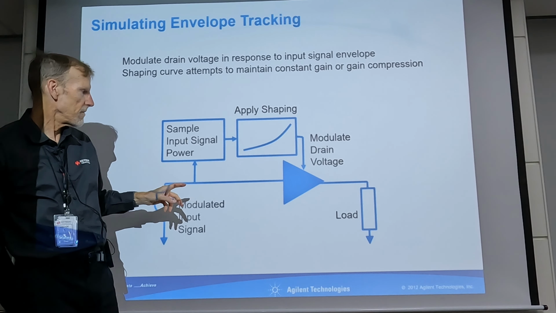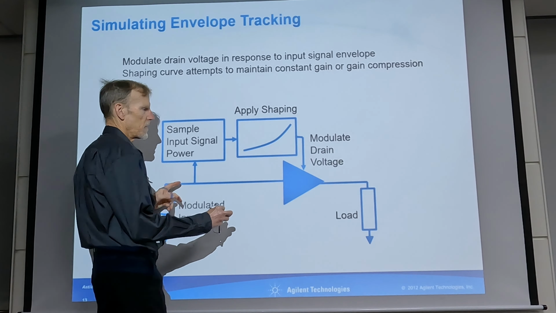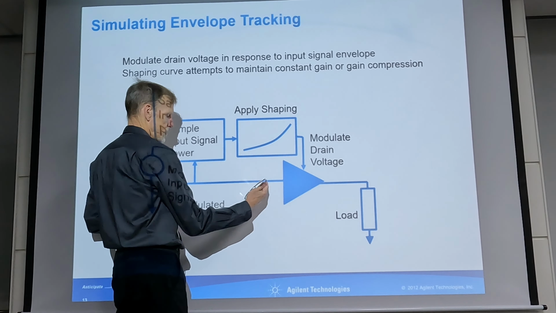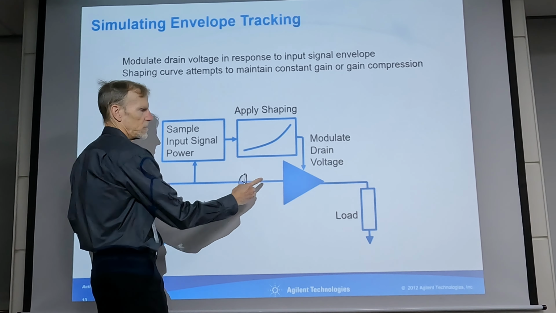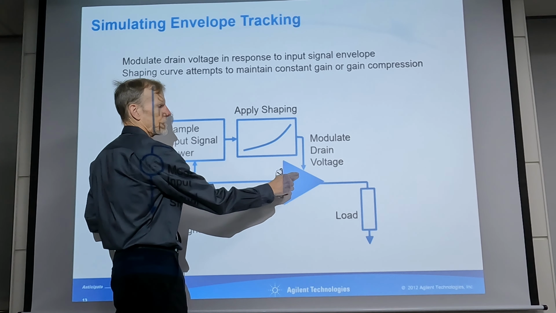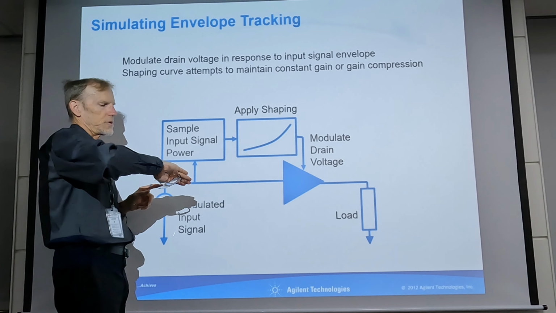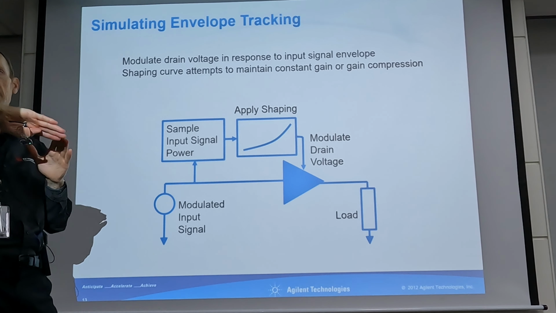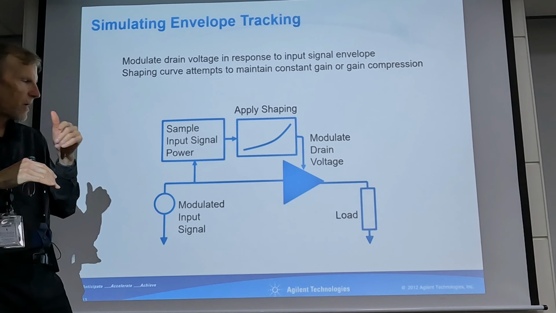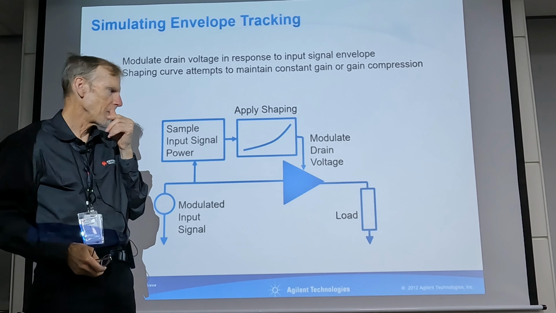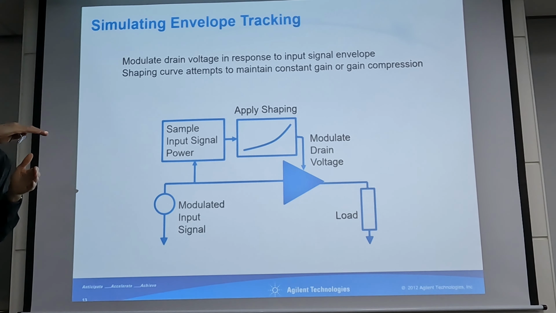Or you can introduce a time delay between the input signal and the application of the bias, or you can introduce a slew rate limit to the bias voltage that you're applying, or you can introduce a band limit to the signal. And I think you can introduce other distortions to the bias signal as well.